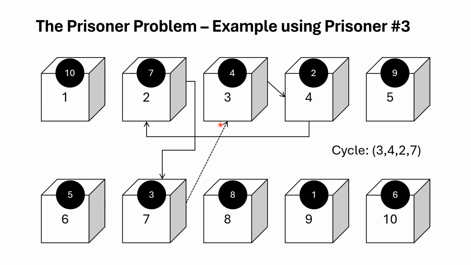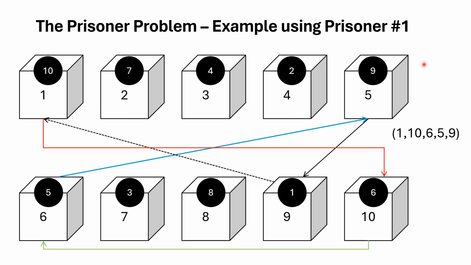So let's go through a few more examples to emphasize the approach here. On the previous slide, we saw a loop of size 4, and prisoner number 3 found his number in the box after only 4 tries.